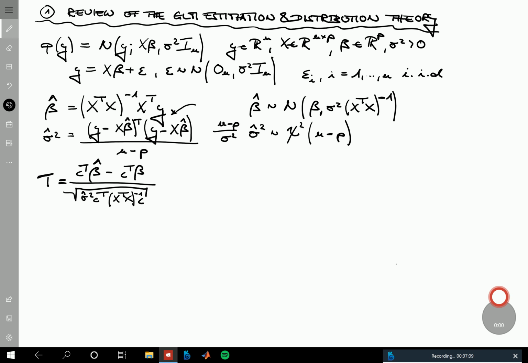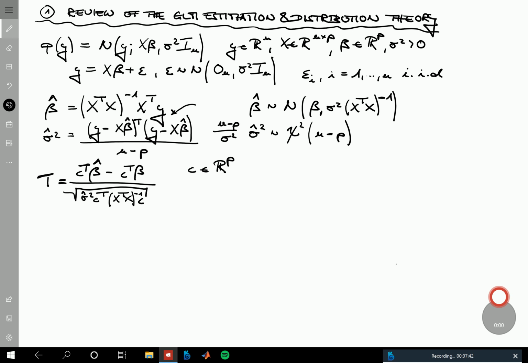In the numerator of the t-statistic we have the contrast weight vector c, which one can define as desired. We have the contrast weight vector times the beta parameter estimate minus the contrast weight vector times the true but unknown beta parameter, which ensures that the t-statistic is always centered on 0.